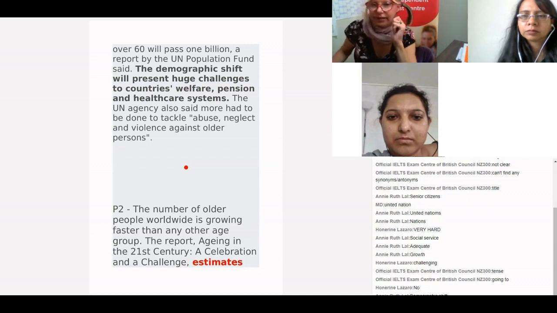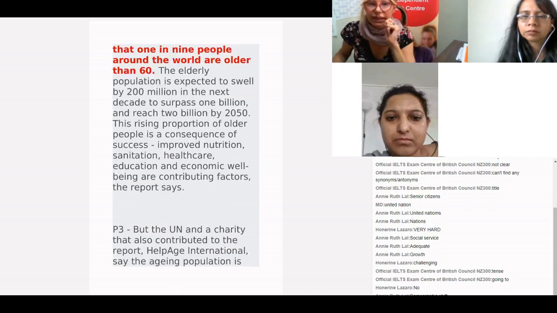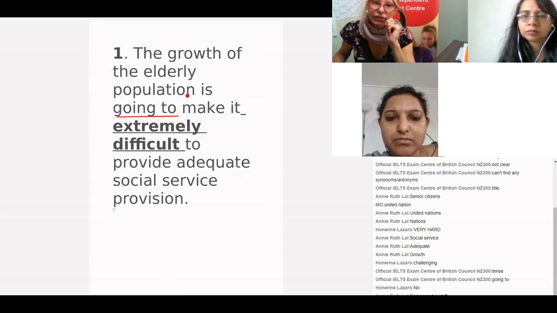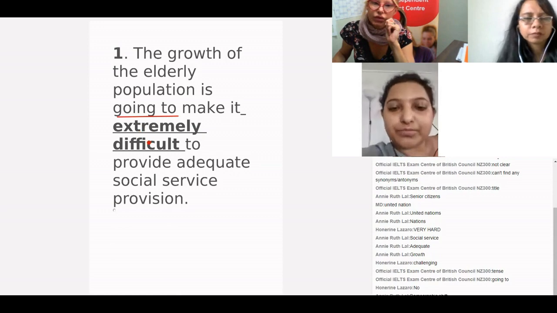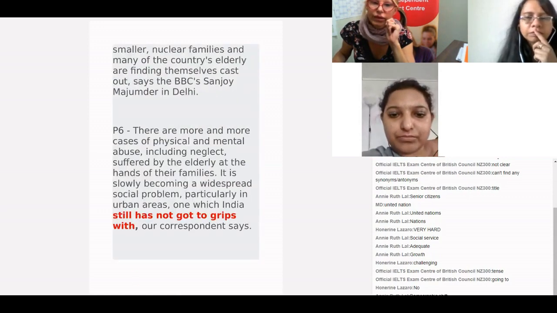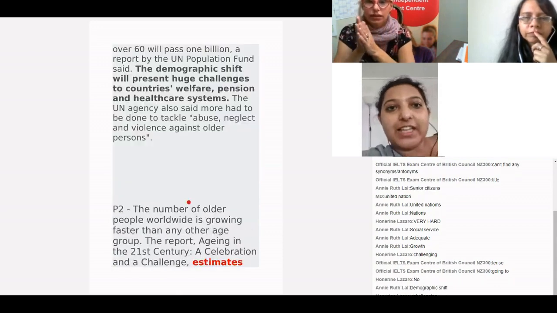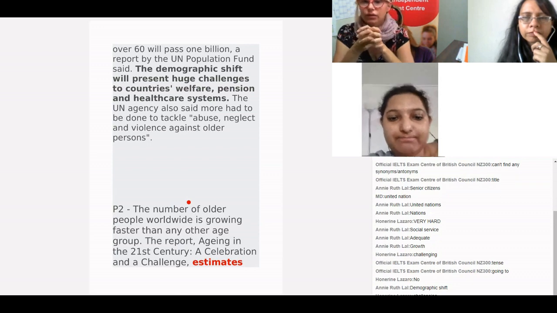Okay, good. Can we see anything about, if we look at our statement again, remember our statement, sorry, I'll just have to go backwards and forwards here. Our statement is to do with extremely difficult to provide adequate social service provision. So go back. Can we see anything at all there that talks about very difficult? Can we? Good, very good.